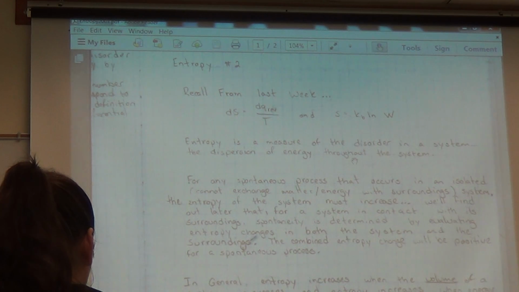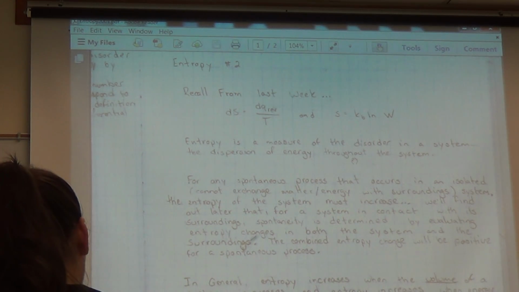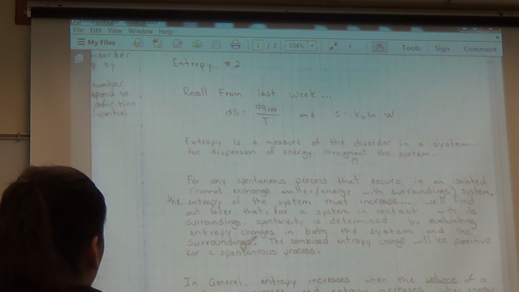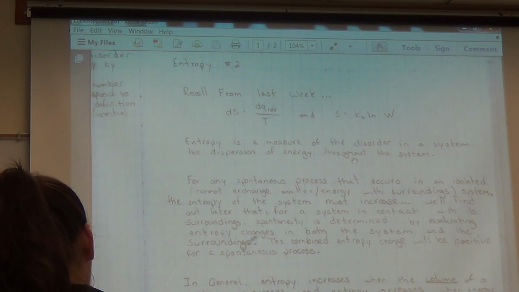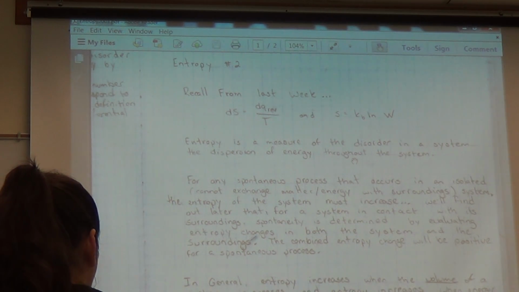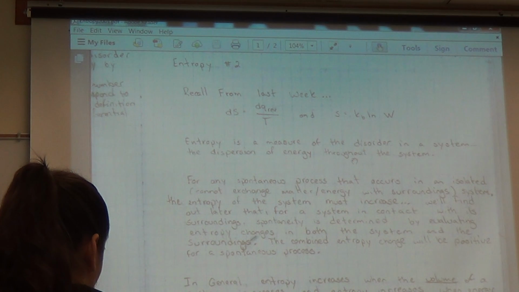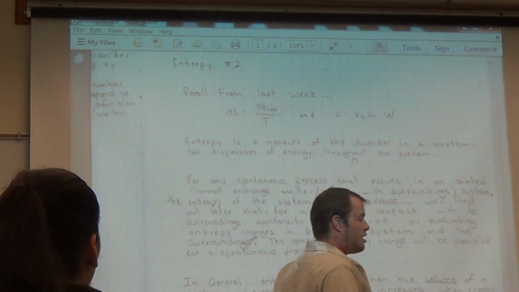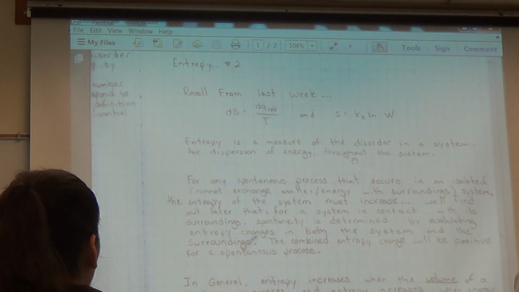So you take a system and you stick a bunch of energy into it, and it's forced to distribute the energy amongst the particles that it has. And systems that have larger numbers of different ways to distribute that energy amongst their particles, those systems have the larger entropy. You'll notice that it goes as the natural logarithm of W. As the number of ways to distribute the energy amongst your system increases, then S increases.